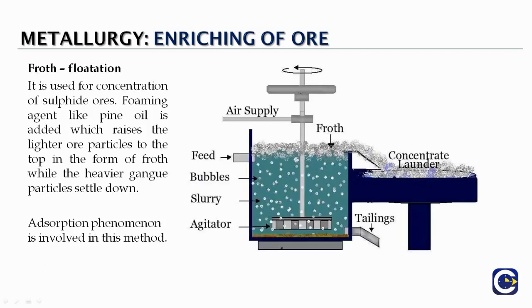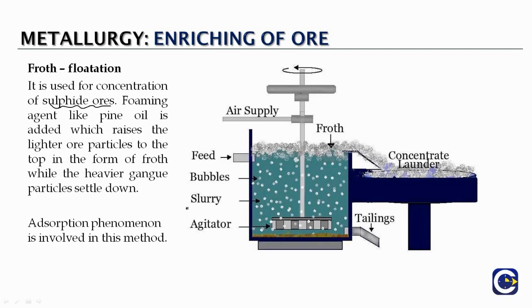The second method that is mainly used in the case of sulfide ores is froth flotation. Froth flotation is based on the idea that if we have two kinds of solvents, one is able to wet the ore particles better and the other is able to wet the gangue particles or the impurity particles, then we will be able to separate or segregate them.